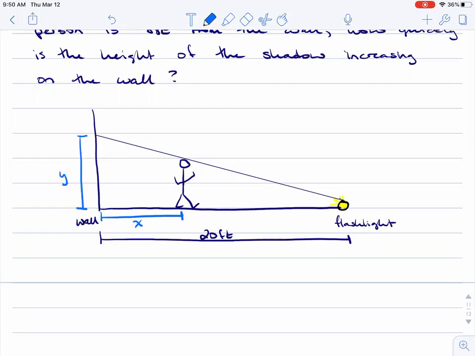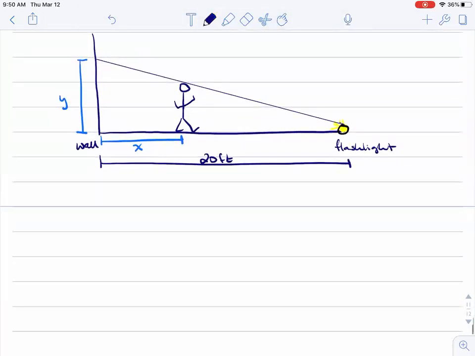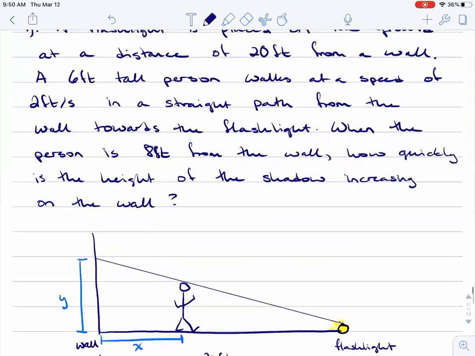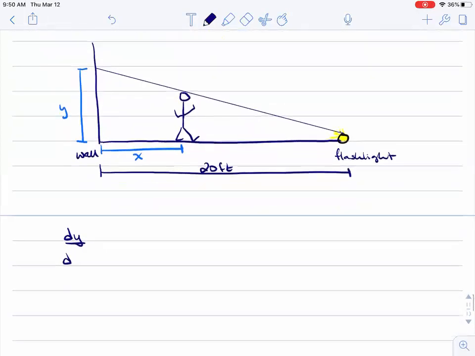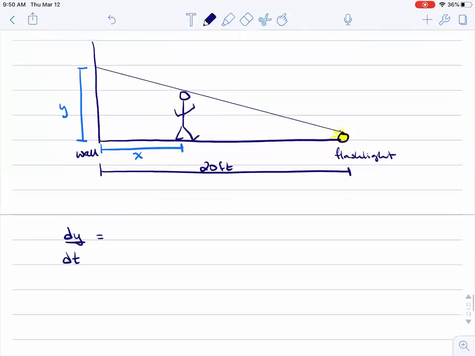And I call this y. Then what we know is that dx dy, or sorry, dy dx, not dx, it's with respect to time. 2 feet per second, of course. dy dt is going to be the rate of change of the shadow.